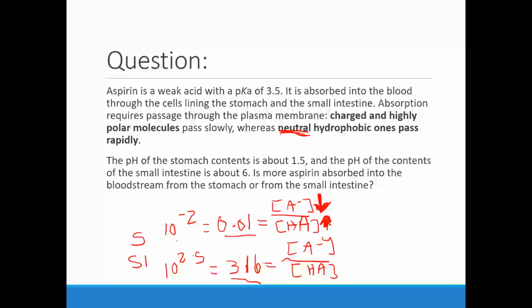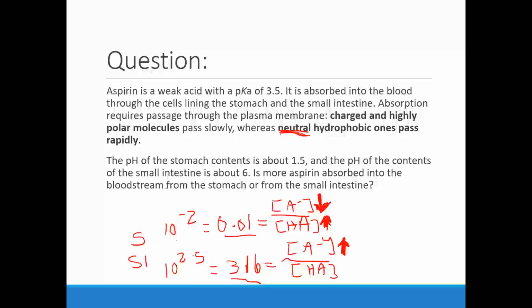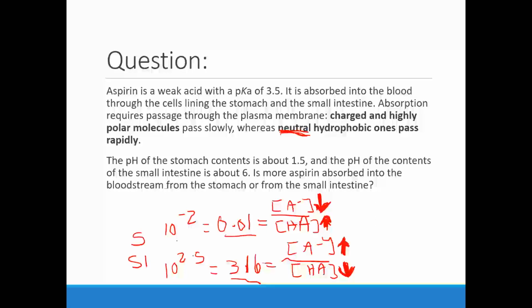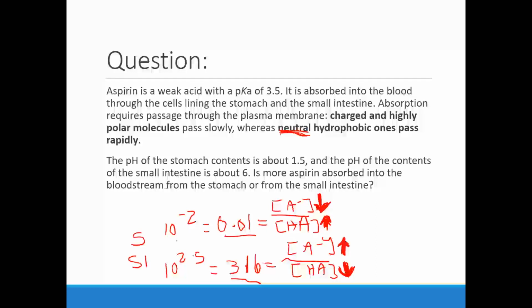Oppositely, if I have a big number, that means that the A minus on the top is big and the HA has to be small. Again, to get a number larger than 1, this ratio has to be true, and to get a small number, this ratio has to be true.